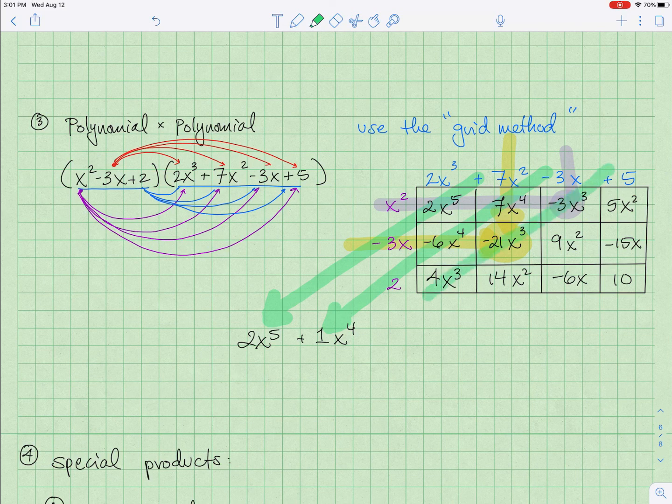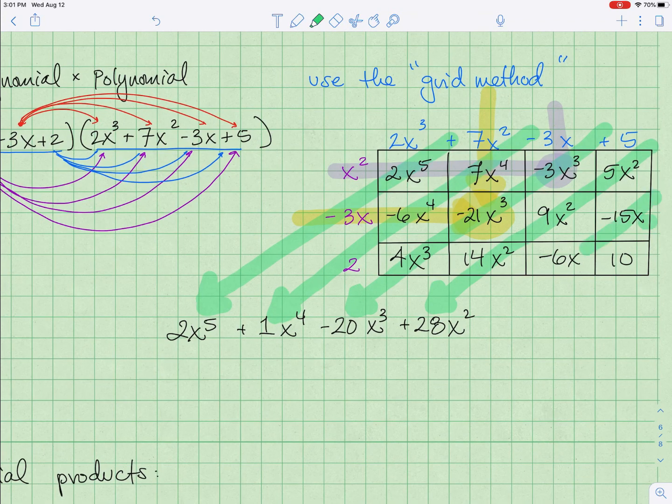Our next diagonal, let's see if we can keep track of this in our head here. Negative 3 minus 21 more is negative 24, plus 4 is negative 20x cubed. And then let's see, 5 and 9 is 14, and 14 again is 28x squared.